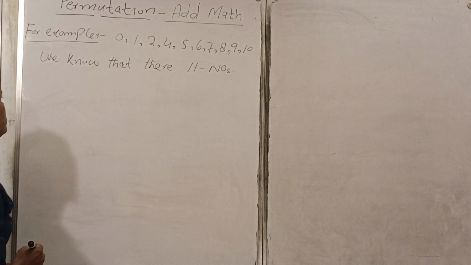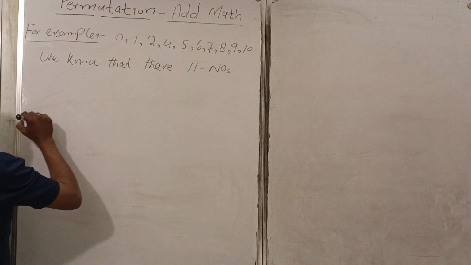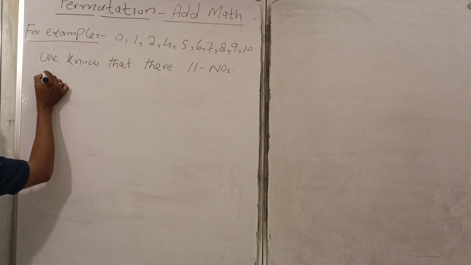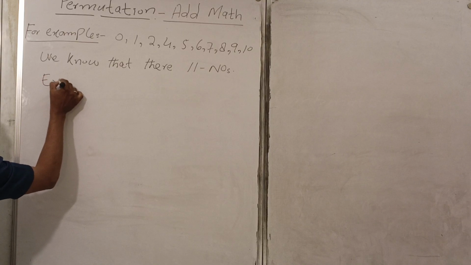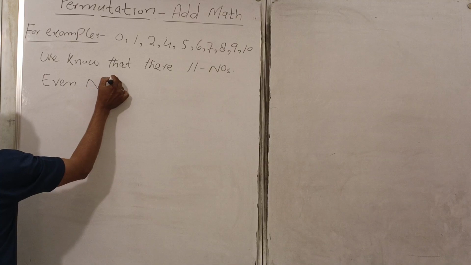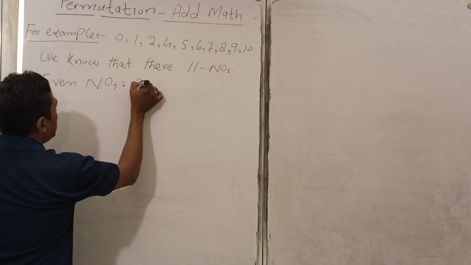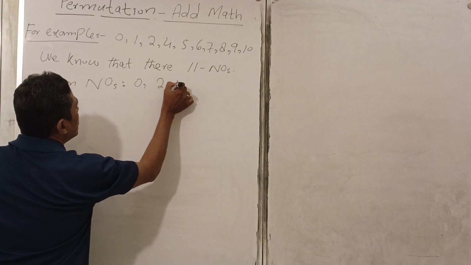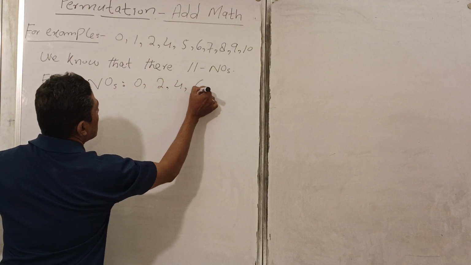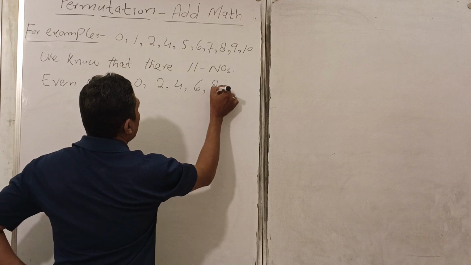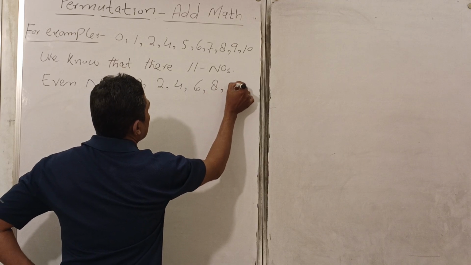Now, what are the even numbers? 0, 2, 4, 6, 8 and 10.